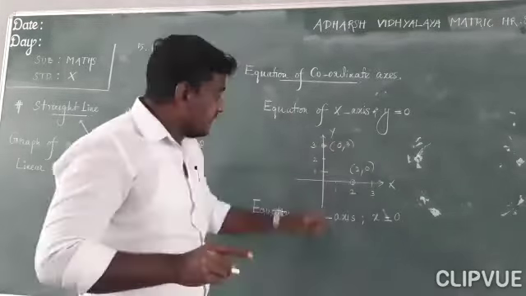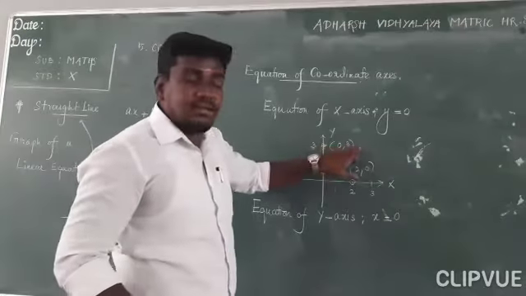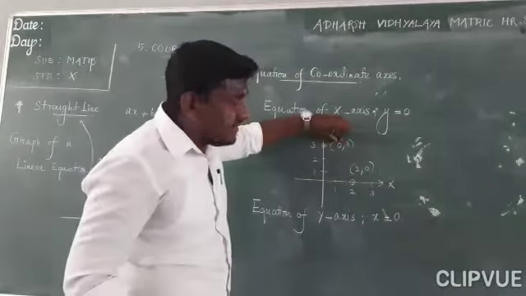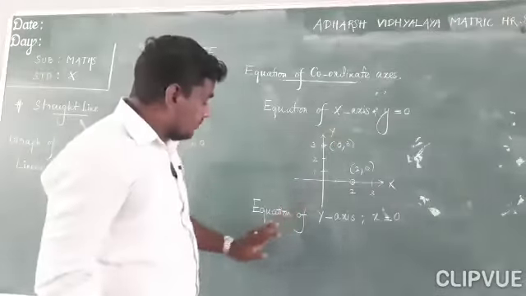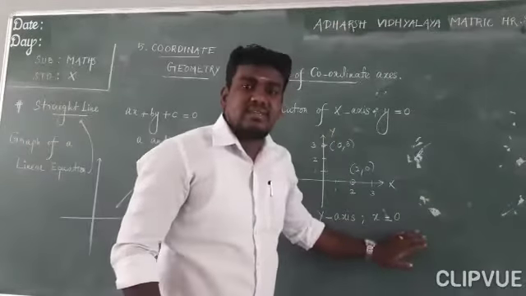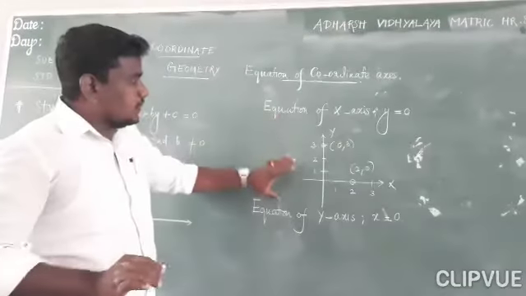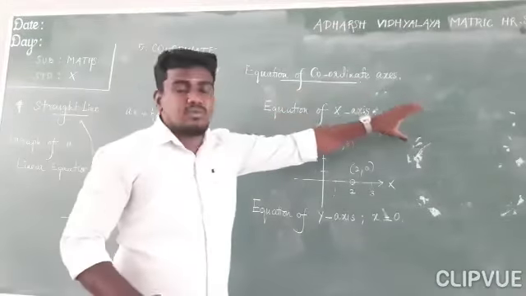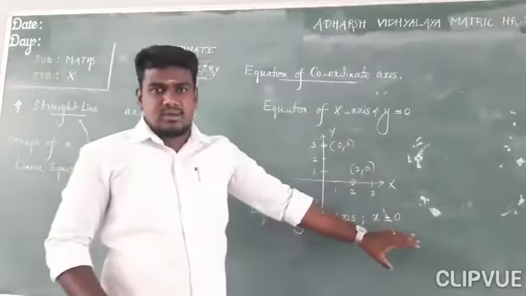You know the difference between 3, 0 and 0, 3. This point is 0, 3. Here the x coordinate is equal to 0 if the point lies on y axis. Therefore the equation of y axis is x is equal to 0. I hope you understand this. It is very important. The equation of x axis is y is equal to 0. Equation of y axis is x is equal to 0.